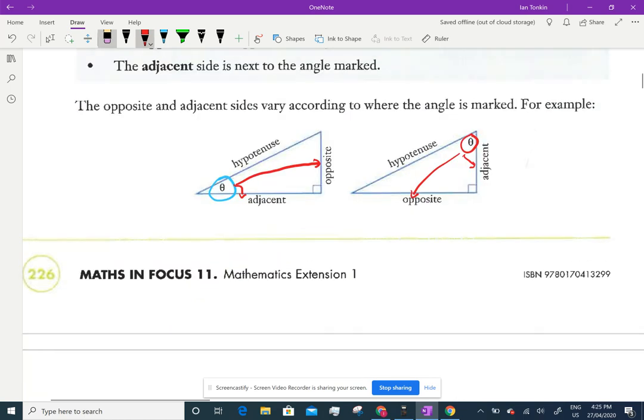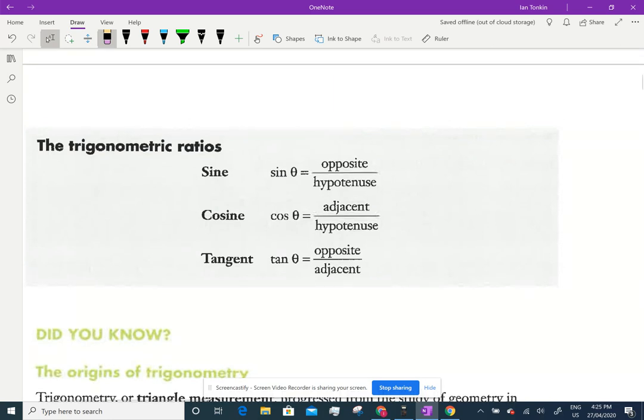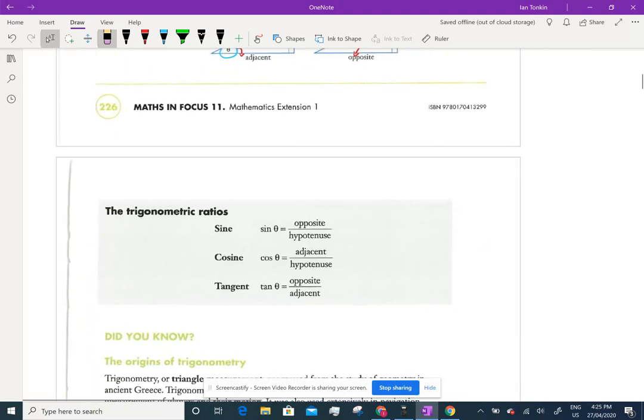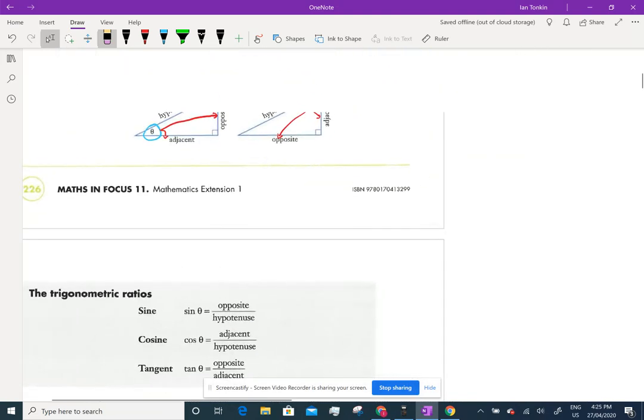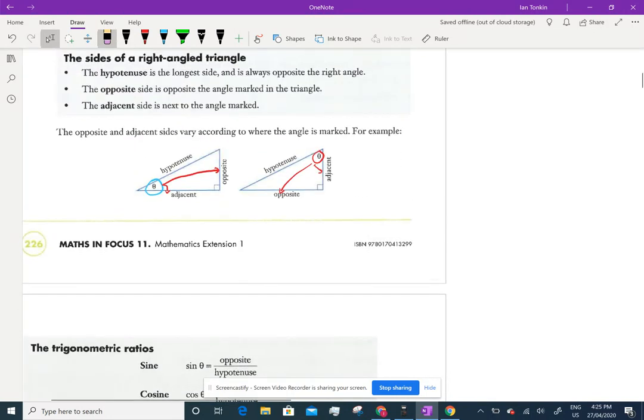Now, in all right angle triangles, we can define each ratio. How you decide to do this is up to you. But what we're going to call the opposite over the hypotenuse, what ratio will we call that?